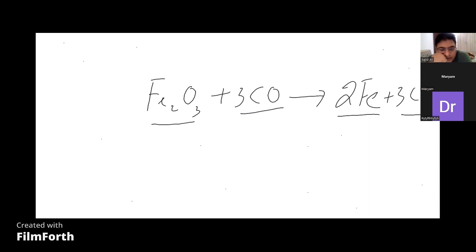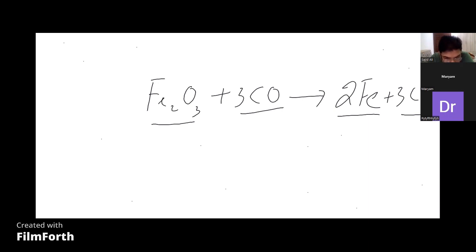So how do you know that it is a redox reaction with reference to loss and gain of oxygen? Who can explain, Abdullah or Mariam? Sir, can you repeat? Beta, how is it a redox reaction with reference to loss and gain of oxygen.